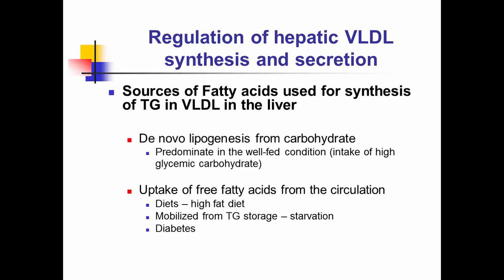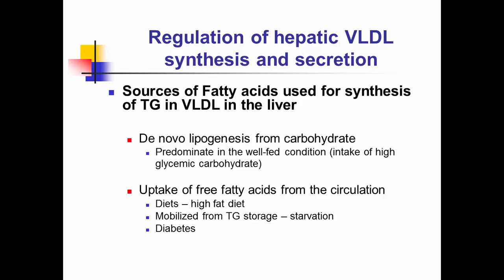The liver also picks up fatty acids, converts them to triglyceride and packs them into the VLDL. And this VLDL eventually transports the triglyceride from the liver to muscle and other tissues to be utilized as energy, right?